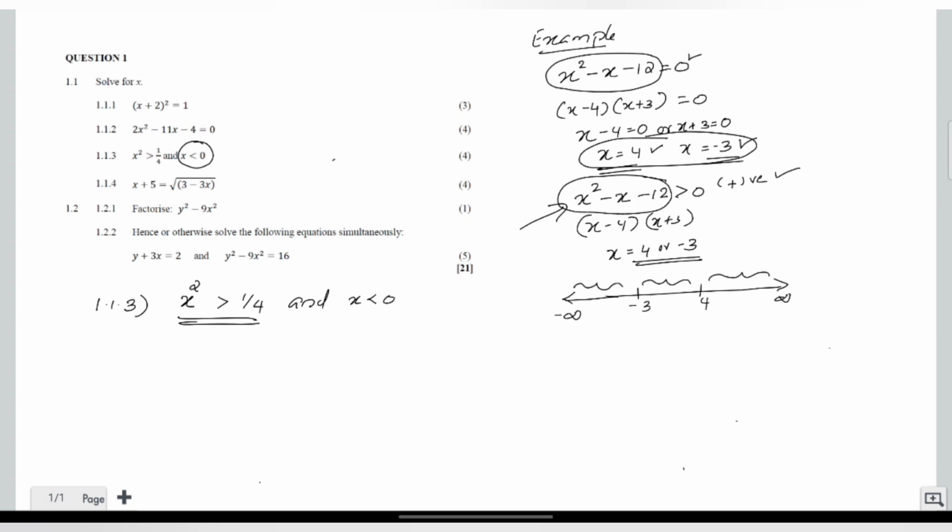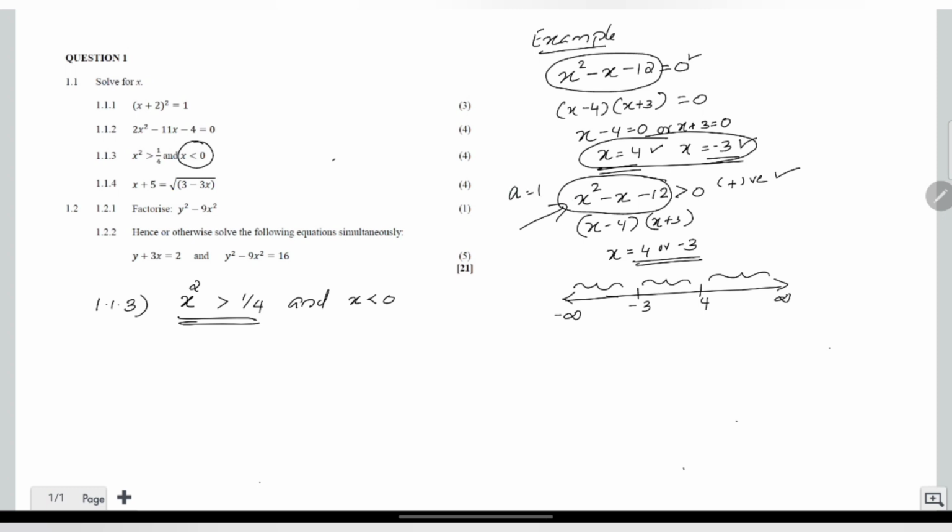But there is an easy method. You can apply that easy method only if you have two separate critical values, like here. Two separate, distinct roots or distinct critical values. Like this question, 4 and minus 3, two separate numbers are there. The method is you have to look for the sign of a. What is a here? Positive, right? A is positive 1.